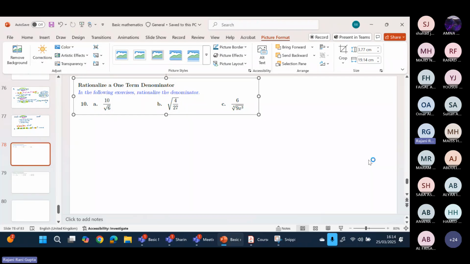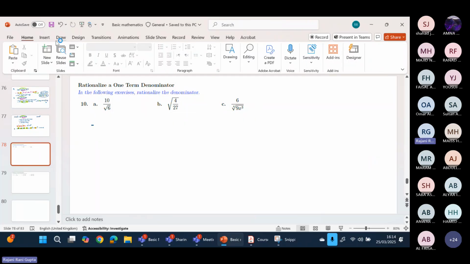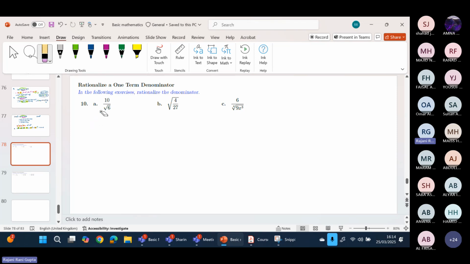Let's see. So when it is one term, question number 10. I'm taking it from your book. So when you have 10 over root 6, only one root, one radical. Rationalize means remove the radical from the denominator.